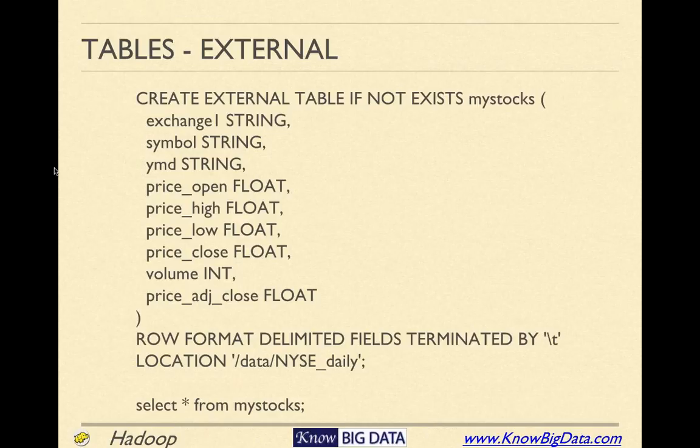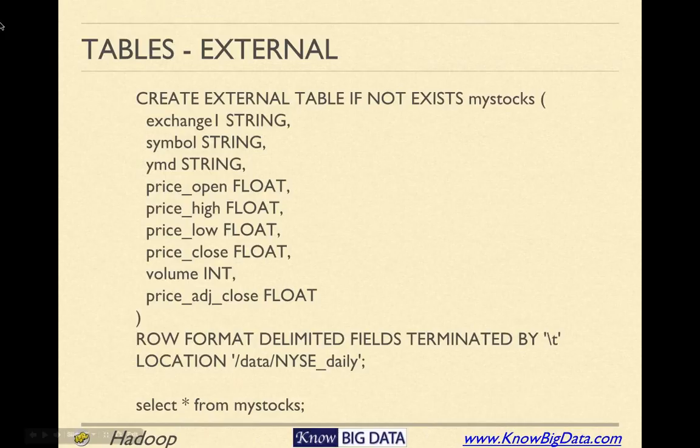Also, we can change the data type of a column. When you are changing the data type of the column, that is only possible if the new data type is compatible. Similarly, you can add more columns, and you can drop a partition or add more partitions to this.